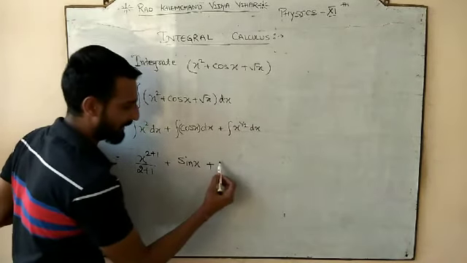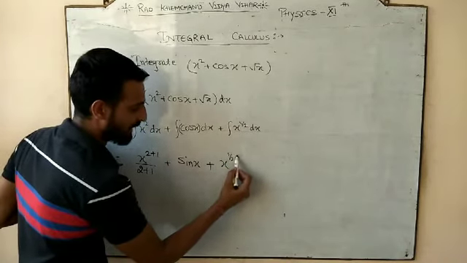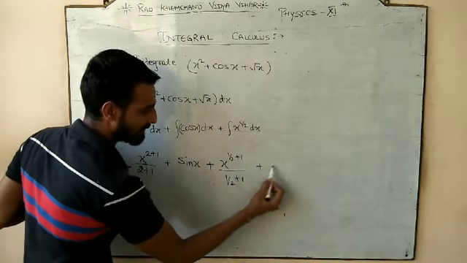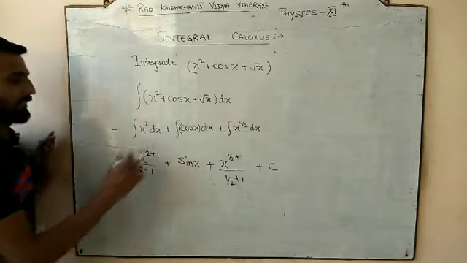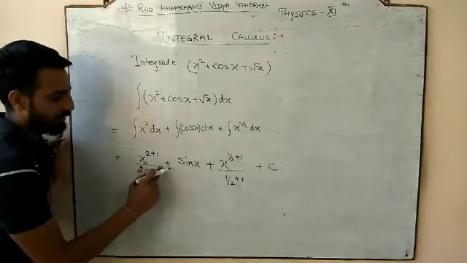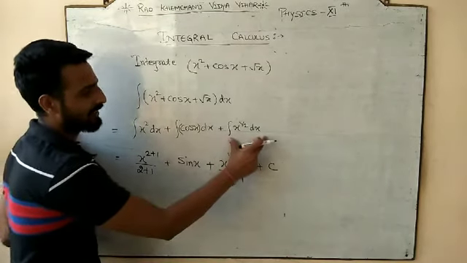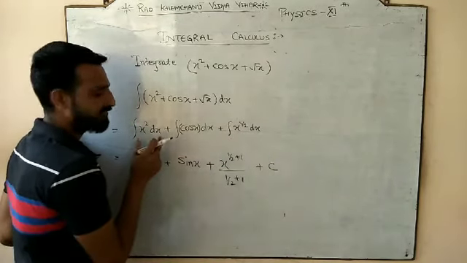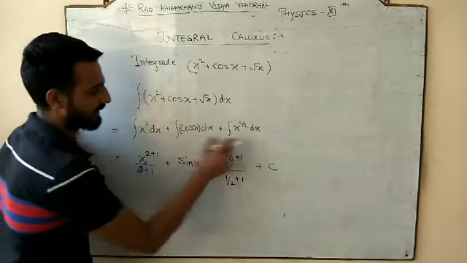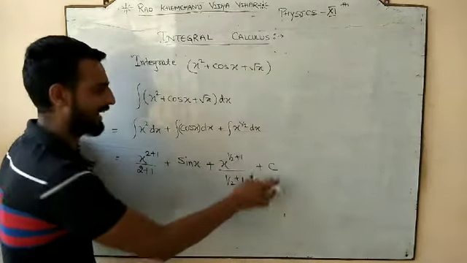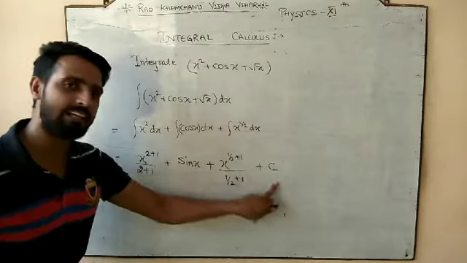Okay? Plus x power half, so we are going to again apply the rule x power n plus 1 by n plus 1, plus some constant. When we solve this integration, there would be some constant, let's suppose c1, with each integration. But when we add the constants of the first, second and third term, it will give us a new constant. So we will write a constant just once, एक बार ही लिख देंगे बाद में.